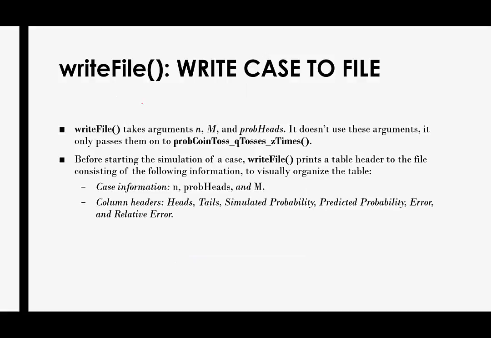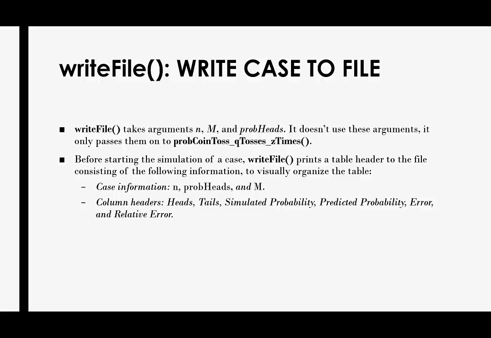So write file is called by runSim, and it takes the arguments n, m, and probability heads. It doesn't use them because it just passes them on to prob, coin toss, q tosses, z times, which we'll talk about in the next section. Also, before starting the simulation of a case, write file prints a table header to the file consisting of the case information.